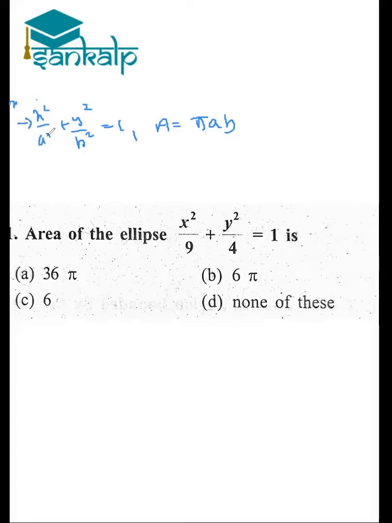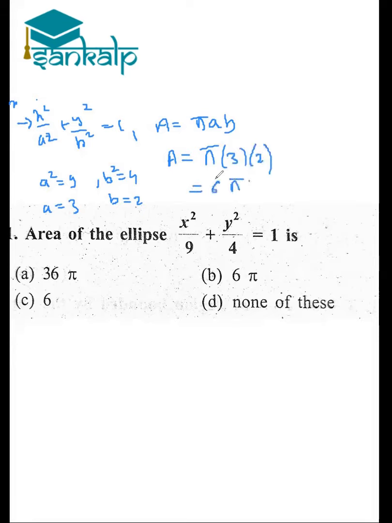So when we compare this with the given equation, see, a square is equal to 9, a will be equal to 3, b square is equal to 4, b is equal to 2. So on simplifying, area will be equal to pi into a value is 3 and b value is 2. So 3 into 2 is 6 pi.